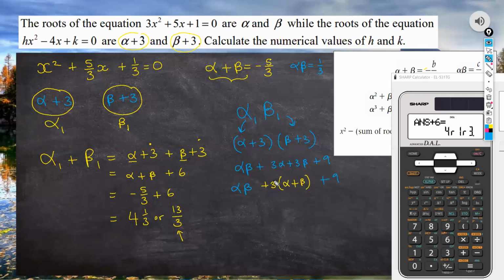The reason is that alpha plus beta is minus 5 on 3, so we had to single it out, to separate it from the 3. So substituting your values, alpha beta is 1/3 plus 3 in brackets, minus 5 on 3, and then this annoying plus 9. So you need to work this out, and let's see what you get.